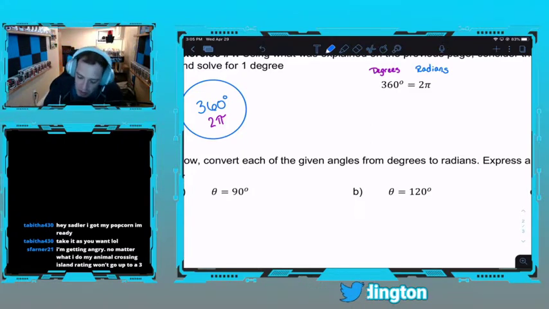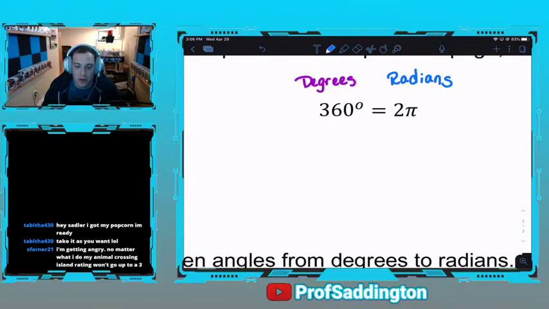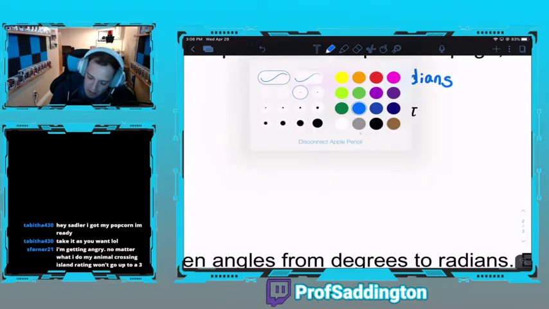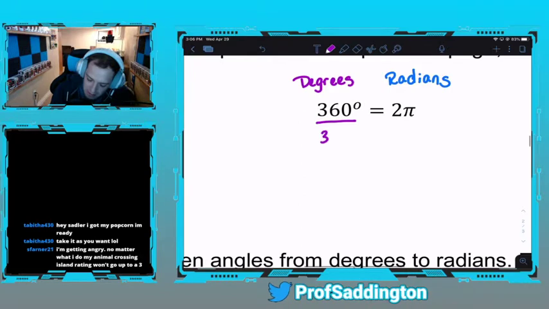If I'm trying to convert it into radians, I want this side all alone. We want everything over on the radian side so we can figure out what this conversion is going to be. So what I'm going to do to both sides of this equation is divide it by 360 degrees.